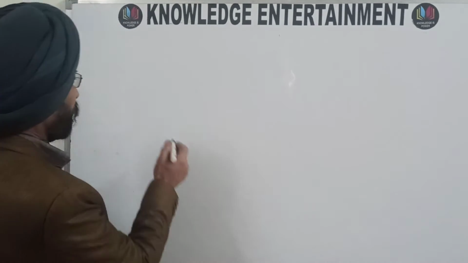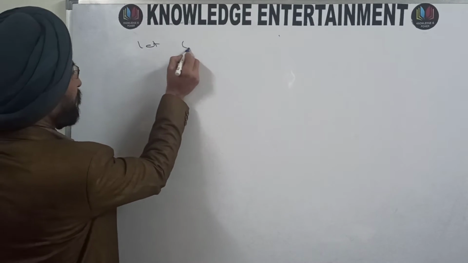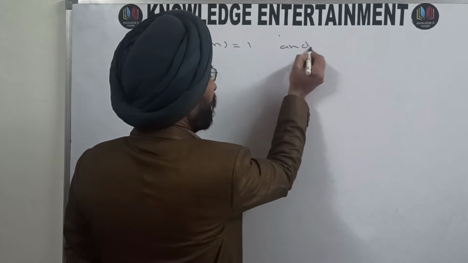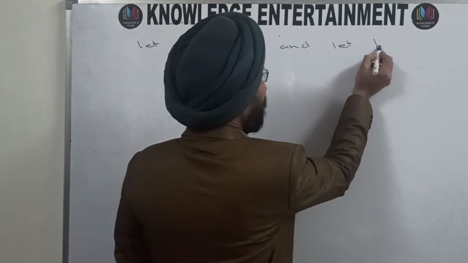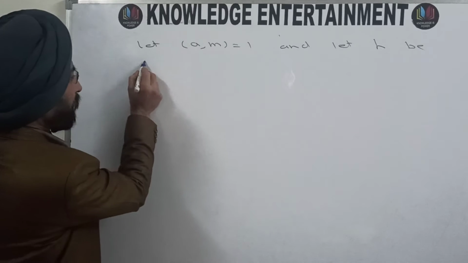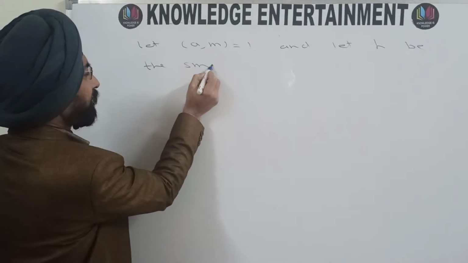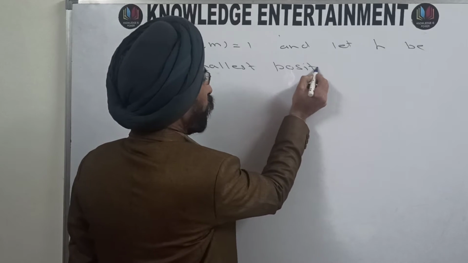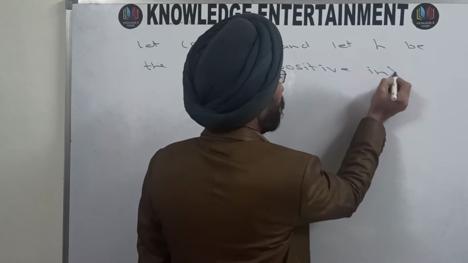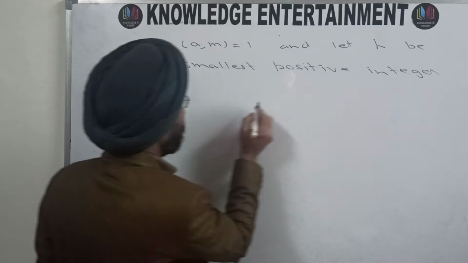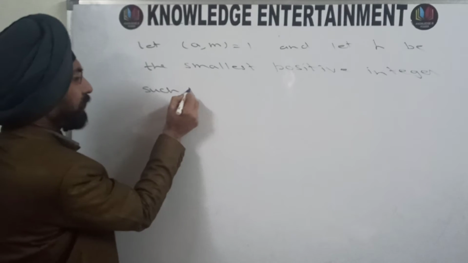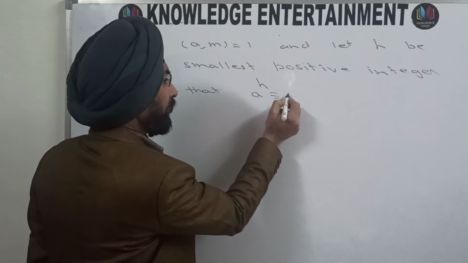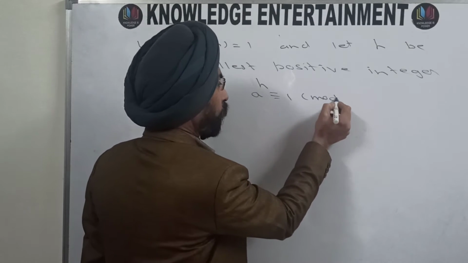Another thing: let GCD of a and m be 1, and let h be the smallest positive integer such that a raised to the power h is congruent to 1 modulo m.